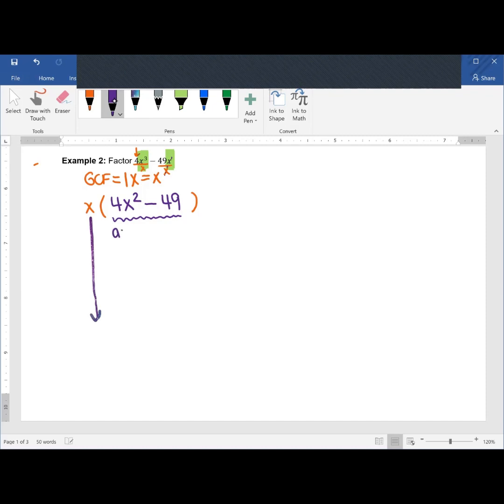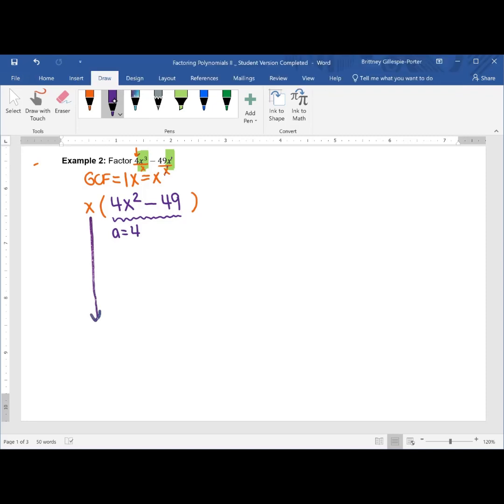In this case, a is going to be 4. It's our leading coefficient. And we know that c is negative 49 because that is our constant term, the number without any variables, which means that we're missing b. We don't have an x to the first. When we're missing b, remember, that's a 0.